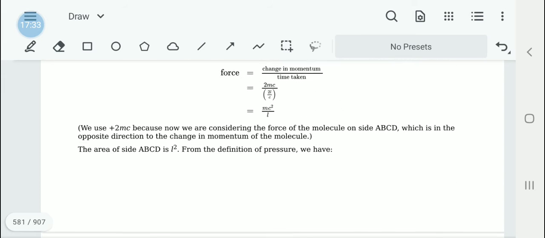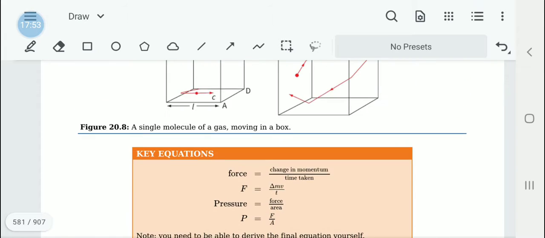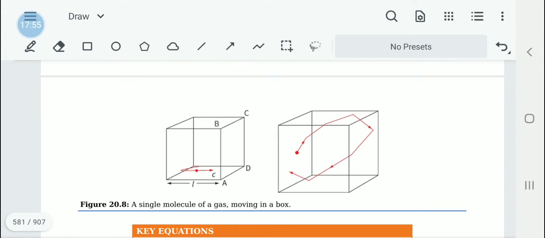The reason why we use plus 2mc is because we are considering the force of the molecule on side A, B, C, D, right? Which is going to be in the opposite direction to the change in momentum of the molecule. Originally the change in momentum was negative 2mc.